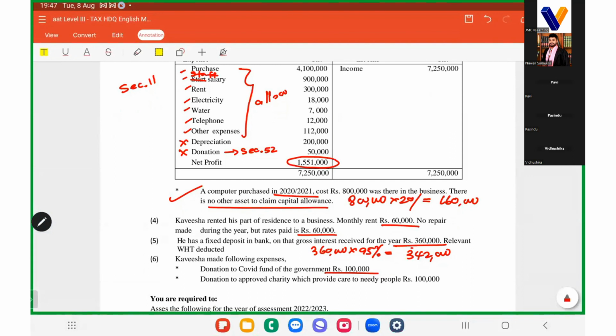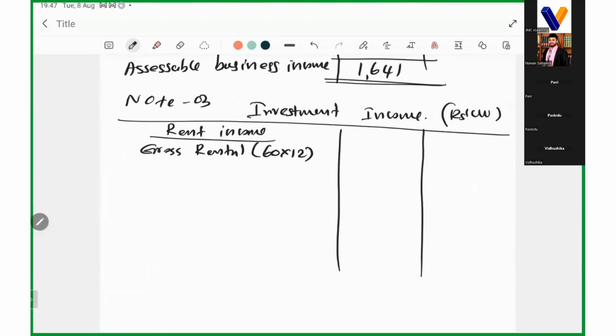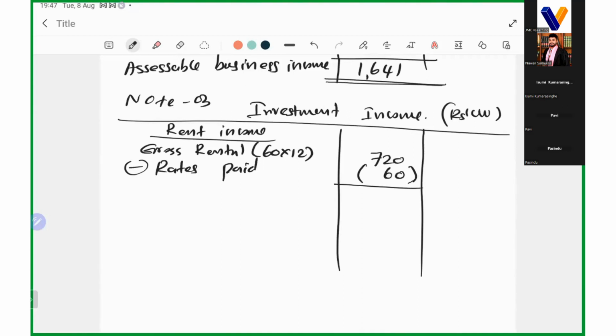Is that 60? Yes. 60 into 12, how much? 720. And then you can deduct any rates paid, right? Rates paid, that is 60. So there is no actual repair.